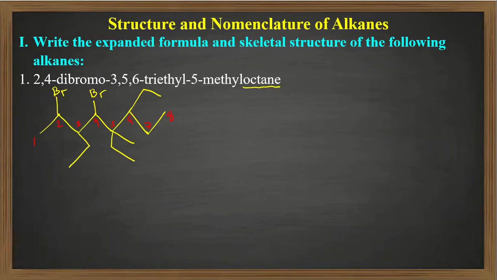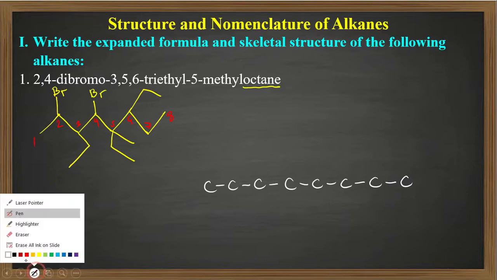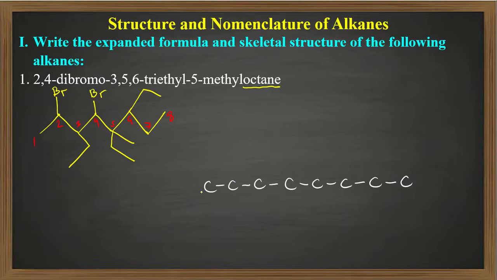So for the expanded formula, again, ang gagawin ninyo is to first draw yung parent chain. Okay, 8 carbon atoms. So we have here 1, 2, 3, 4, 5, 6, 7, 8. So this will be our carbon number 1, carbon number 2, 3, 4, 5, 6, 7, and then carbon number 8.